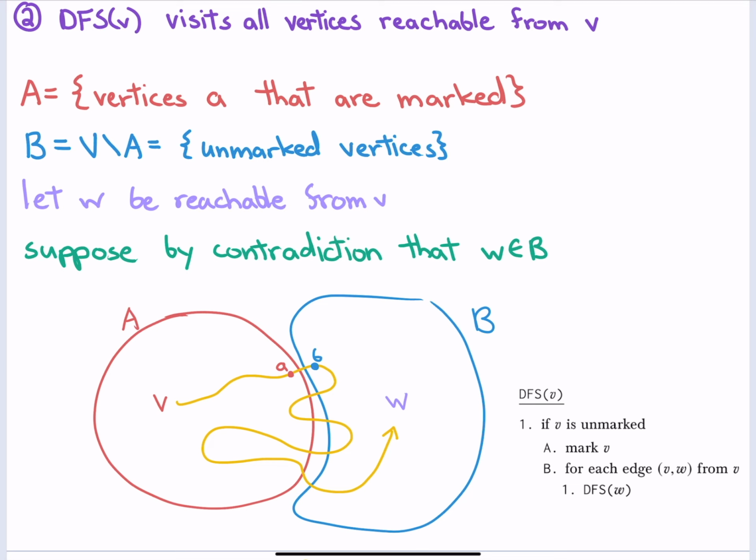And here's how we'll set it up. I'm letting A denote the set of all the vertices that are marked. And I'm letting B denote all the vertices that are unmarked, the same as vertices that are visited and not visited. And then W is some vertex reachable from V that by contradiction is not visited, so it's in the set B.